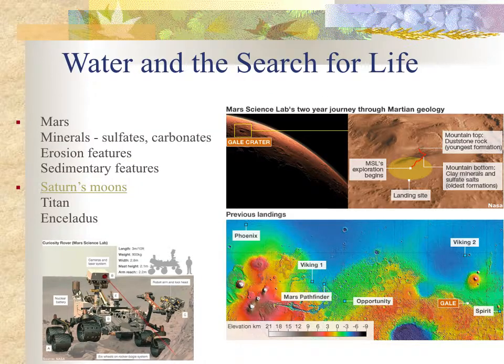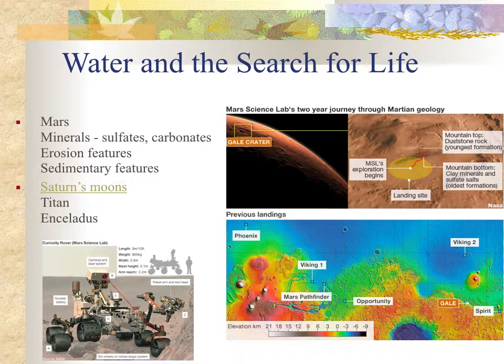And a kind of application of this is when people are searching for life, one of the first things they're looking for is water. And so, like the NASA mission to Mars with the rover, what they're really doing is looking for evidence of water because life as we know it needs water. And so they look for minerals that form in water.